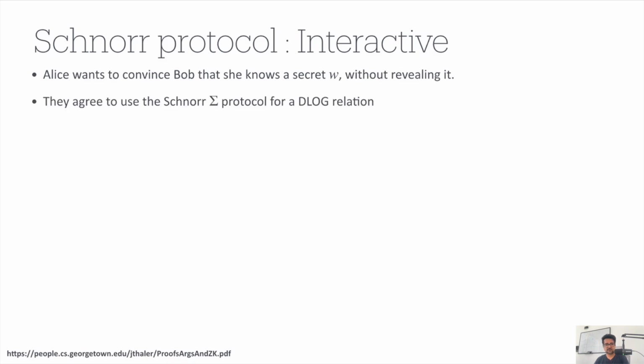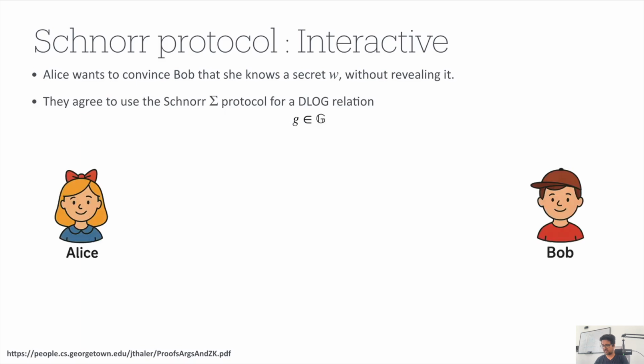They agree to use the Schnorr protocol for a discrete log relation. Alice and Bob agree on some generator G in some group. Alice computes H, the exponentiation of G with W, and sends this to Bob.